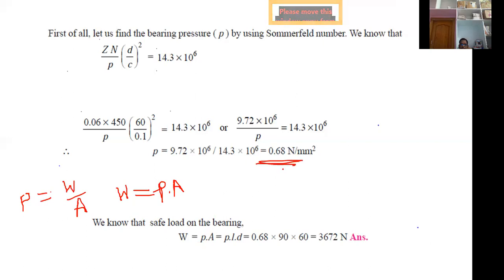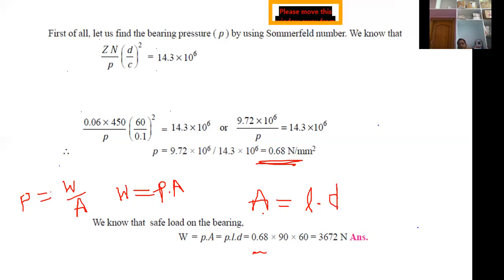That value is 0.68, P equal to 0.68, and the area equals the projected area of the bearing, equal to the length of the bearing into the diameter of the shaft.